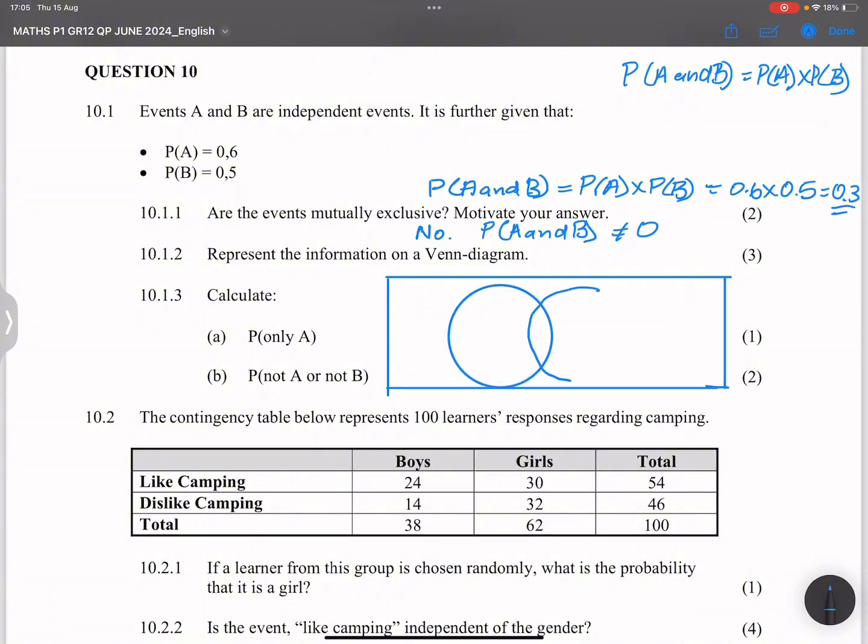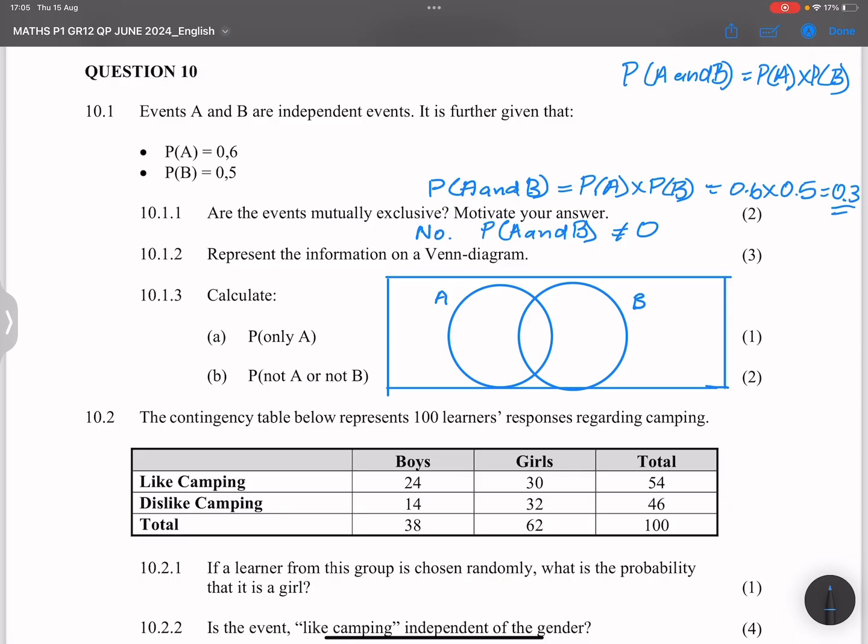In fact, just for me to get some more space, let me just get that circle. Yeah, there we go. In this case, this would represent A, and this would represent B, and that is our entire sample space. So where do we begin? They did say that these are independent events, and so they are not mutually exclusive.